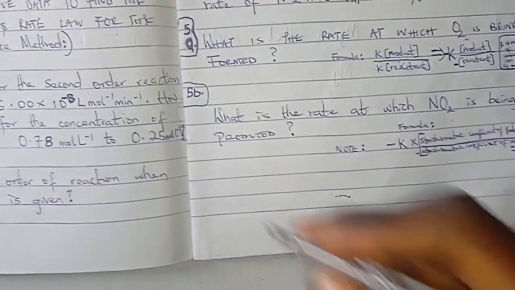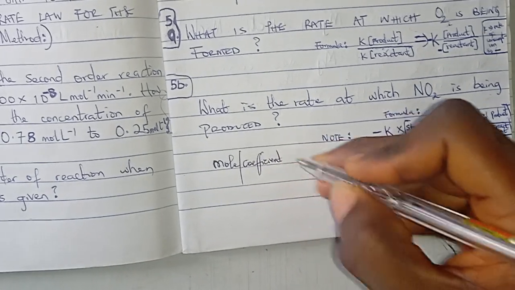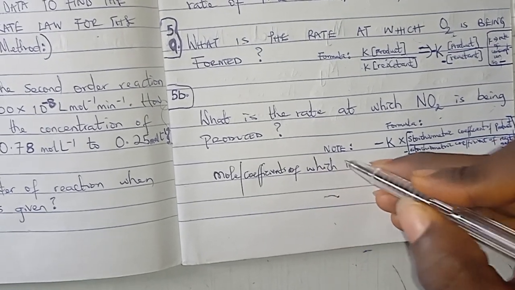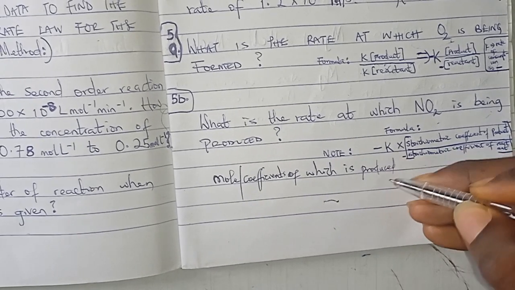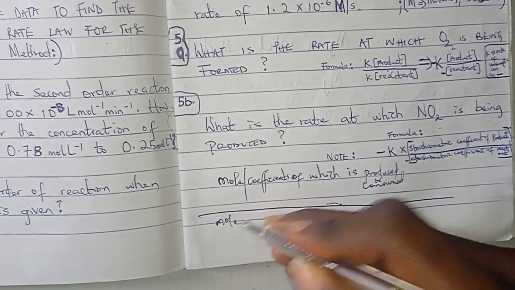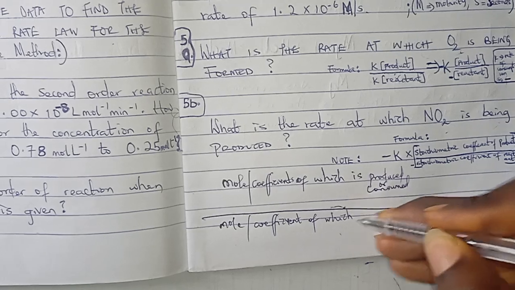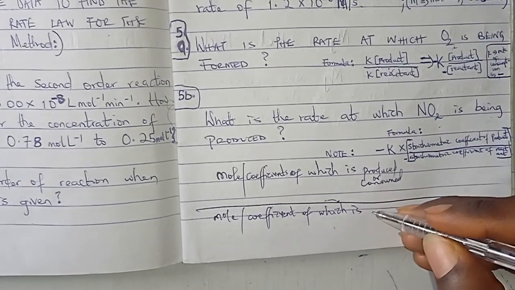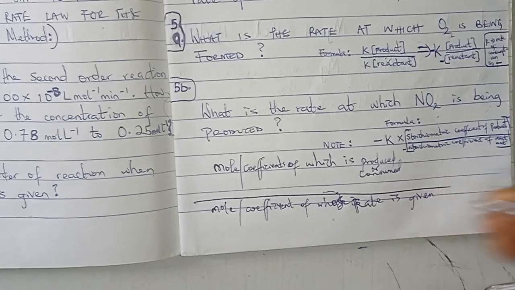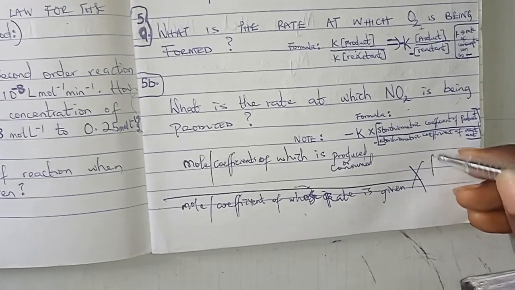So the simple trick is: the mole, or coefficient, of that which is produced or consumed, all over the mole or coefficient of that whose rate is given, times the rate.